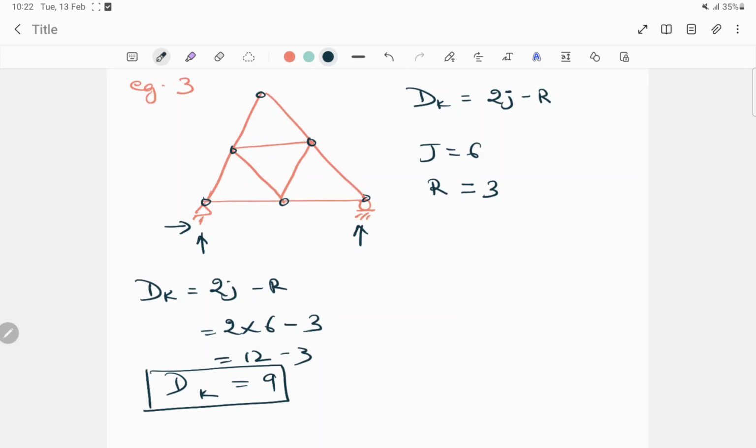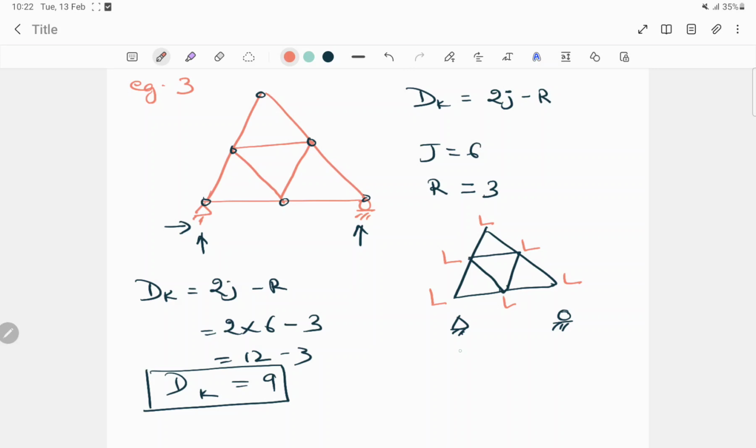Let's calculate manually here. We have to draw this separately like this, and the supports, hinge and roller. How many unknown reactions are there at each joint? Vertical, horizontal, vertical, horizontal, vertical, horizontal, vertical, like this, right?